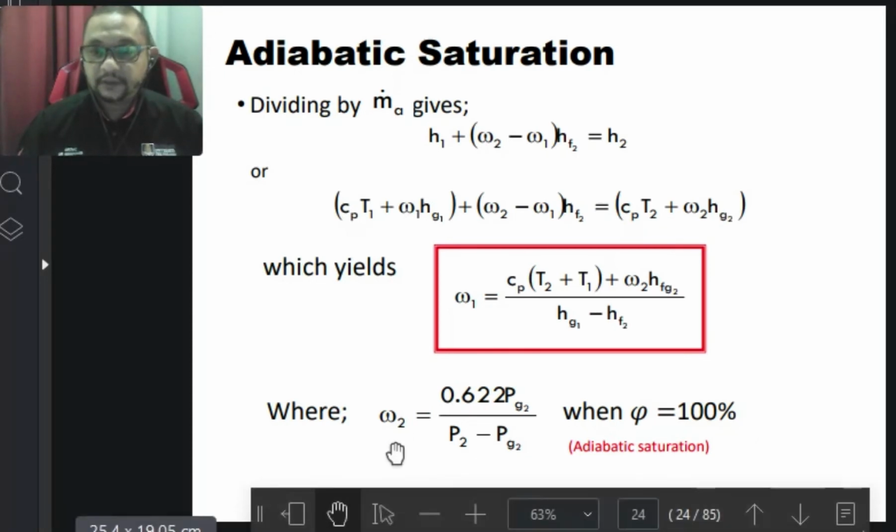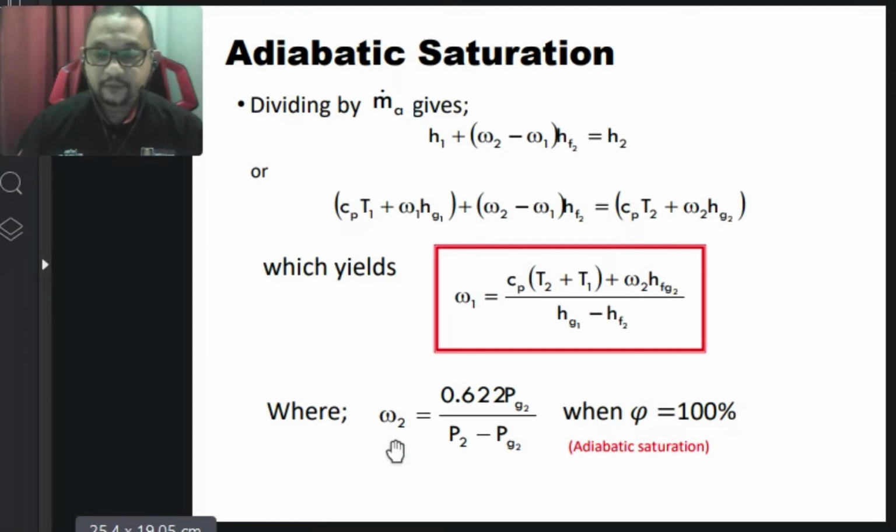So omega 2 is at the temperature at state point number 2, when you refer to the adiabatic saturation temperature device.